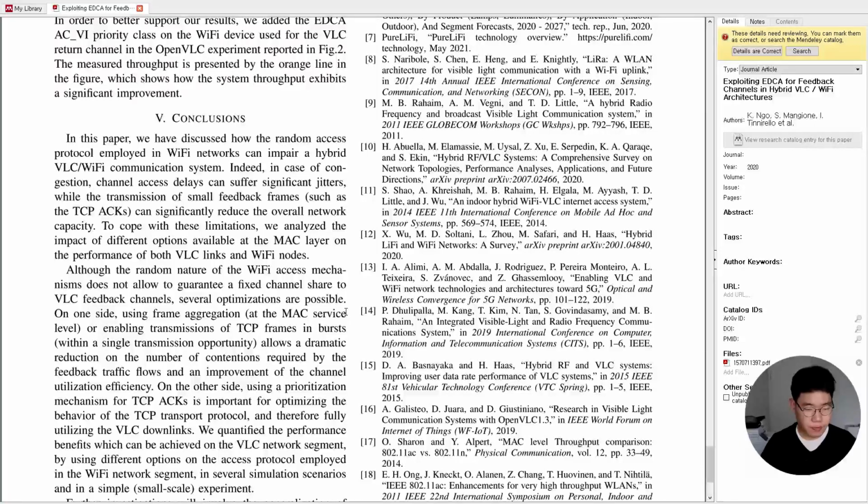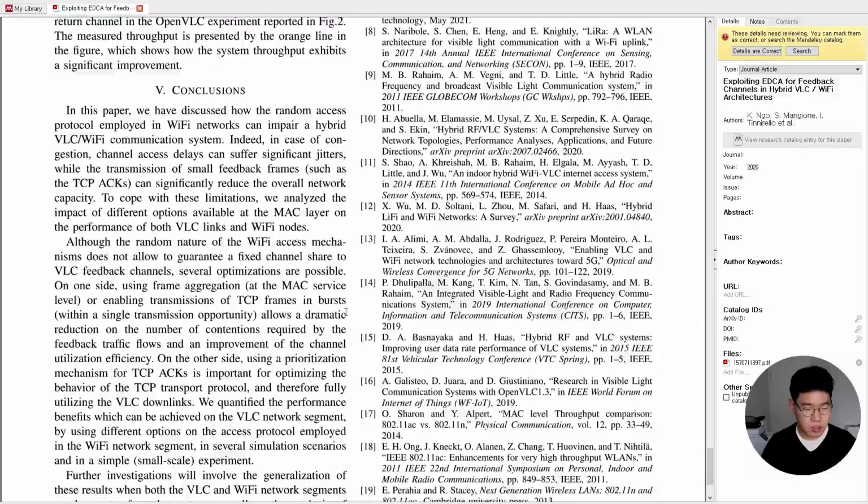We quantified the performance benefit which can be achieved on the VLC network segment by using different options on the access protocol employed in the Wi-Fi network segment, in several simulation scenarios and a simple small-scale experiment.